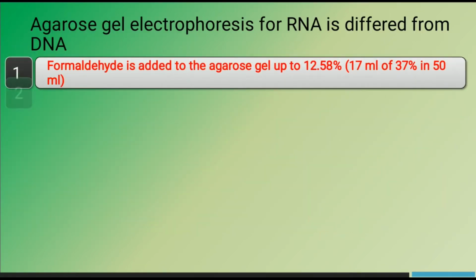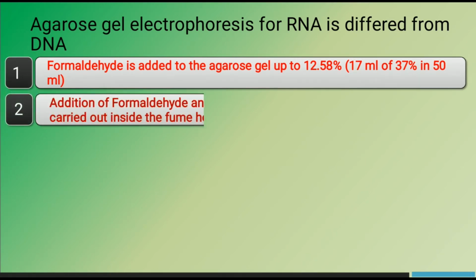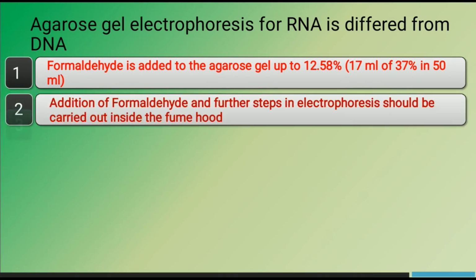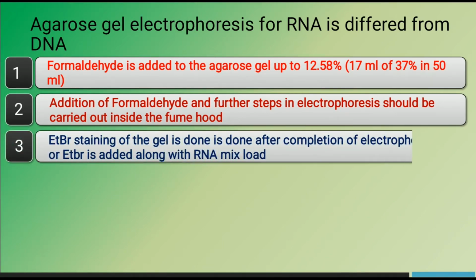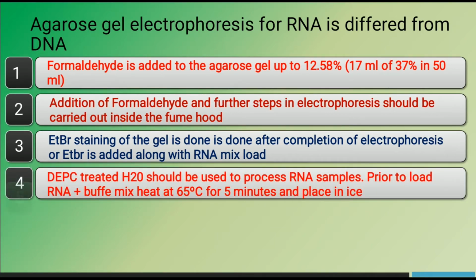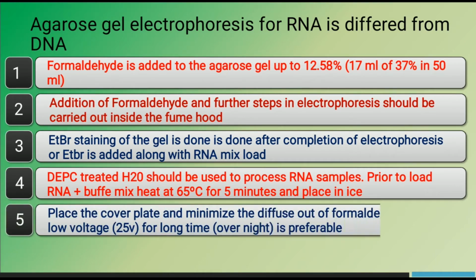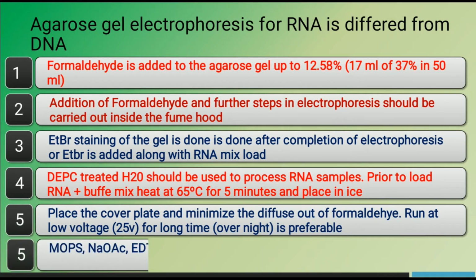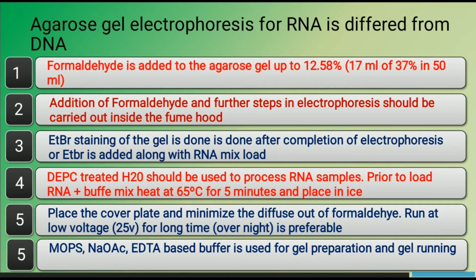Now we will see the RNA agarose gel electrophoresis. So here formaldehyde is added to the agarose gel up to 12.58%. Generally 17 ml of 37% formaldehyde is present in 50 ml of gel mixture. And the addition of formaldehyde and further steps are performed inside the fume hood to avoid toxic effects.